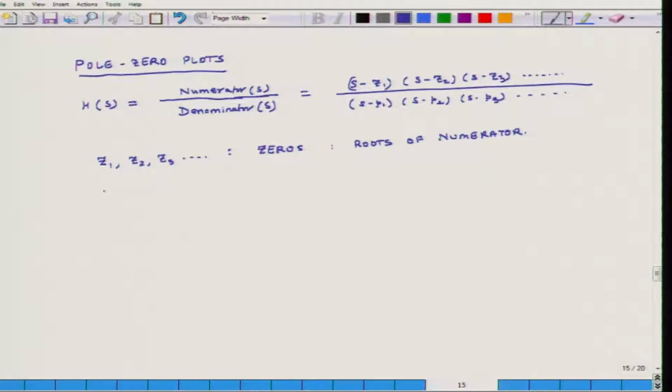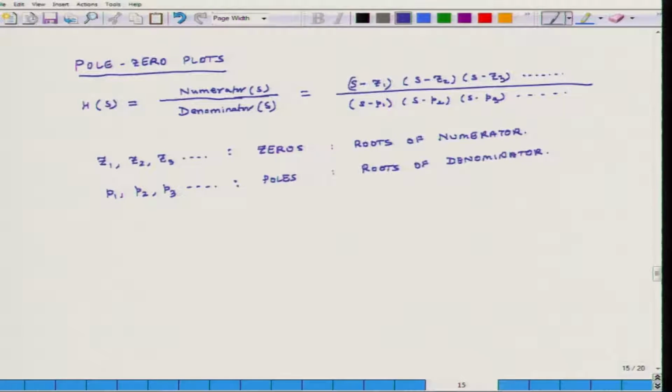Similarly, the roots of the denominator, p1, p2, p3, and so on and so forth, these are called poles. They are roots of the denominator.